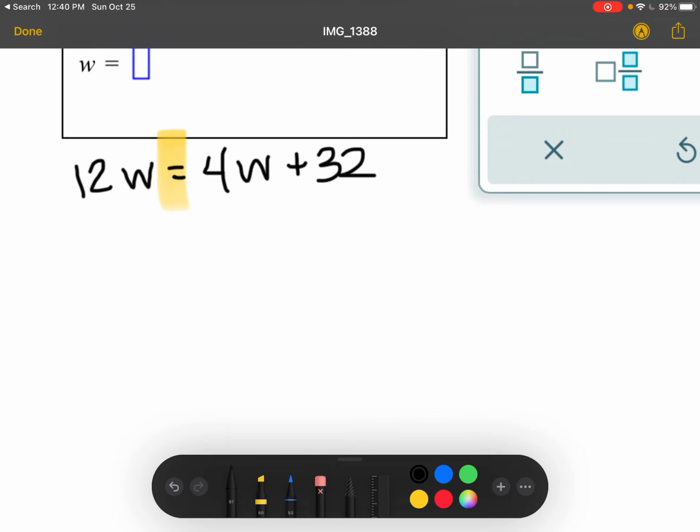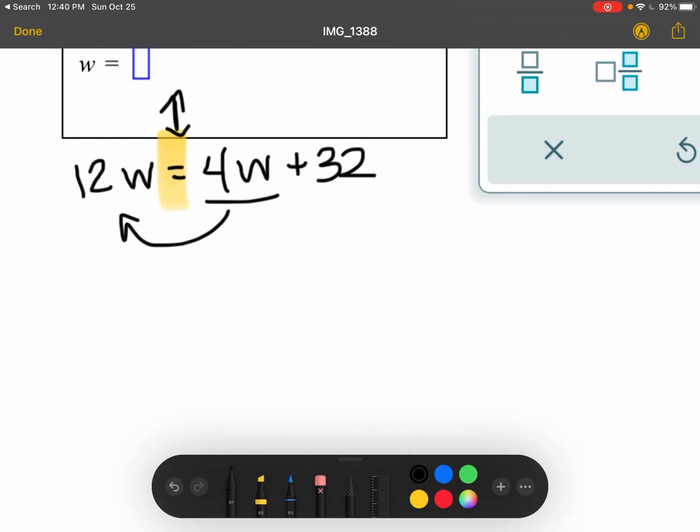So I'm going to move 4W over this way. When I move it to the other side of the equal sign, I do the opposite of what is there. Whenever you're doing these types of questions, think about what the opposite of what I already have there is. That will help you stay on track.